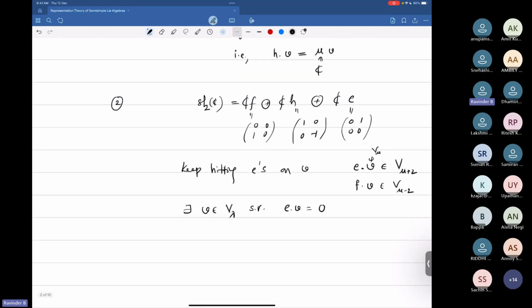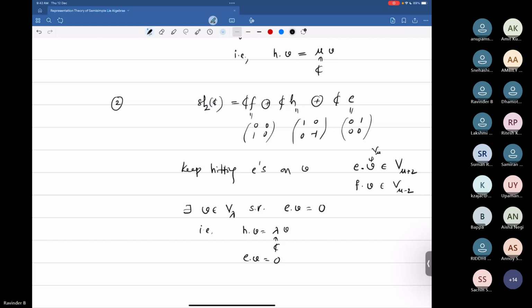So you are able to find a vector which is killed by E, and which is an eigenvector. So v in V_lambda means that H acts as some scalar, at present a complex number.